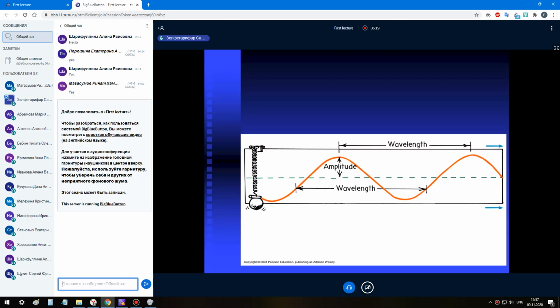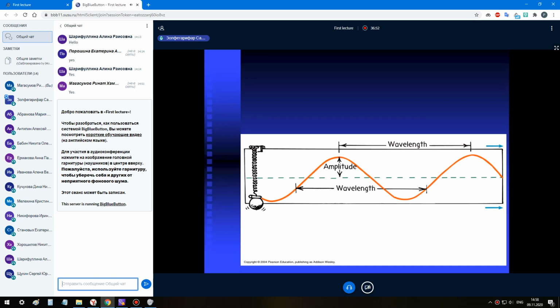The mass vibrates with this spring, and it shows the wave of harmonic motion and the amplitude of the wave, as shown in these schematic shapes.